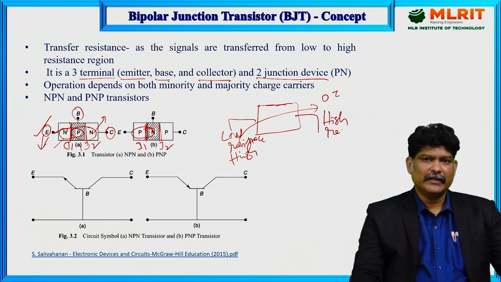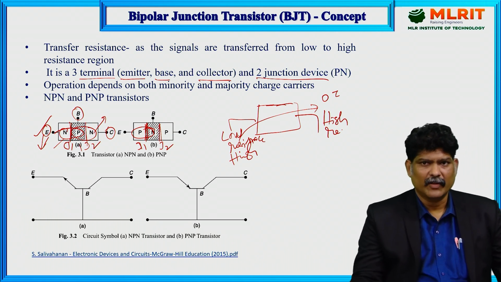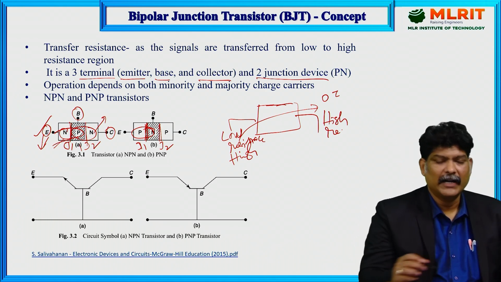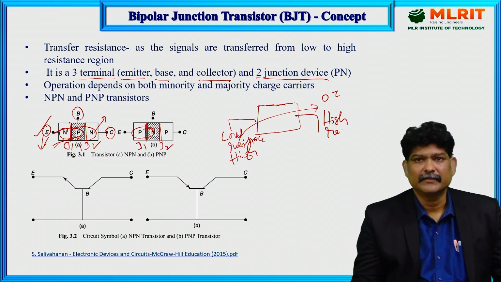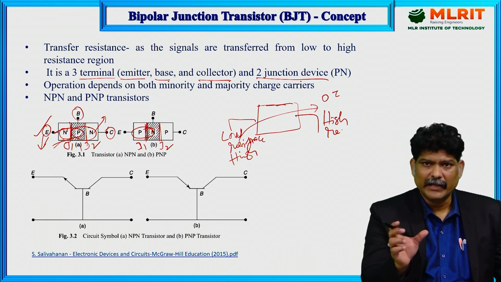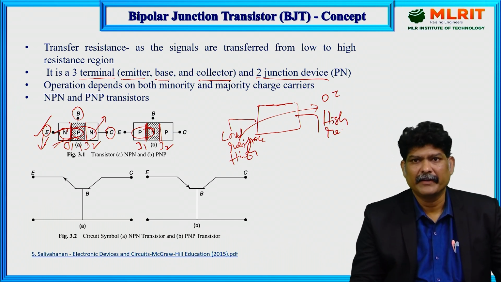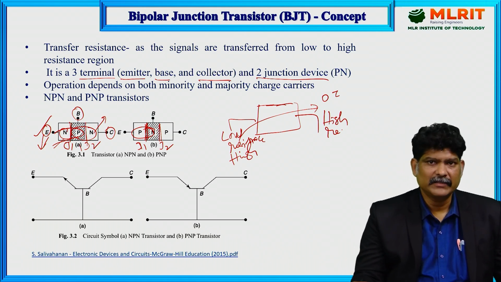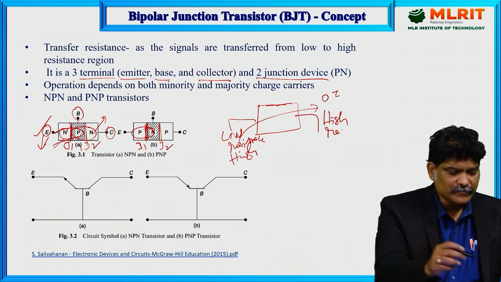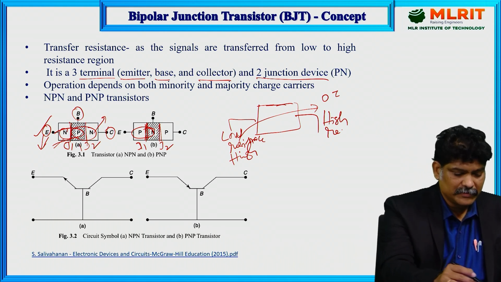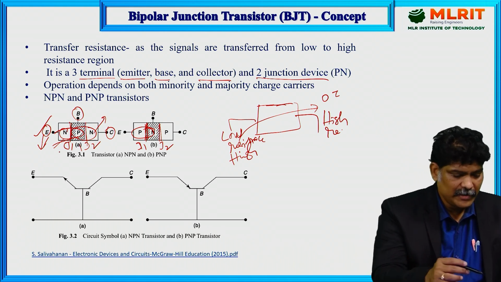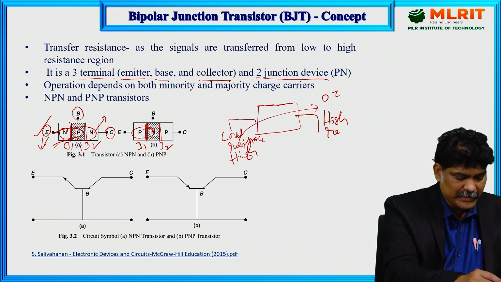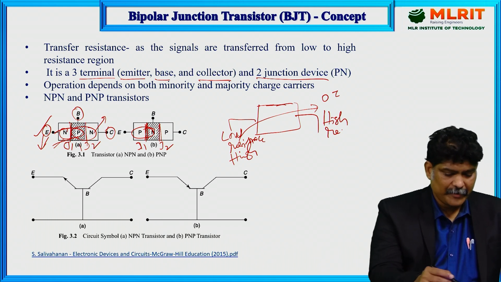In terms of physical area, the collector region must be larger compared to the base and emitter, because it is supposed to dissipate some power, hence its area must be high. So this is the NPN transistor and this is the PNP transistor. See here the symbolic representation of NPN and PNP transistors.